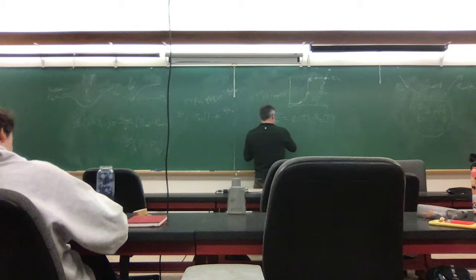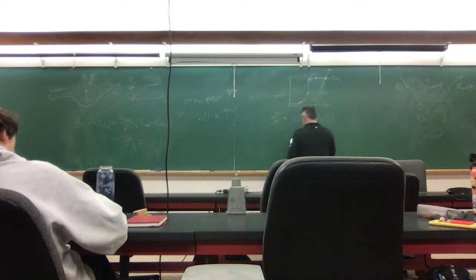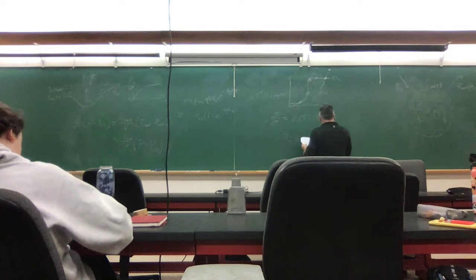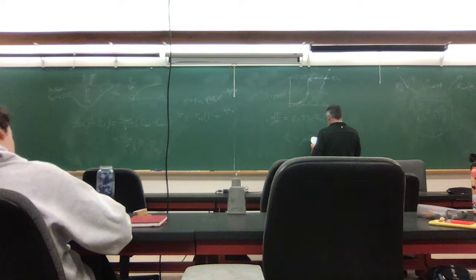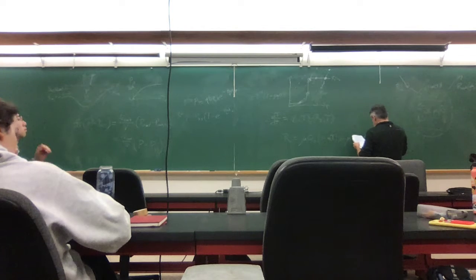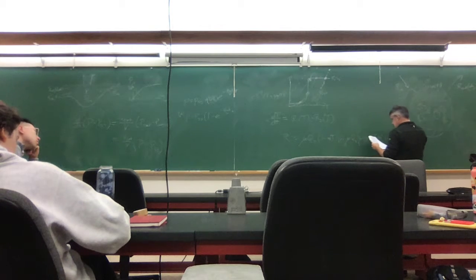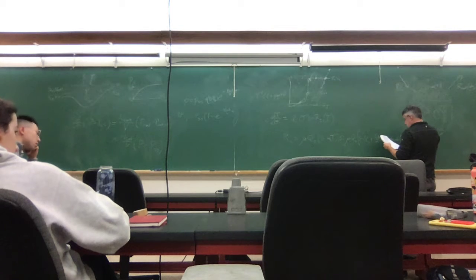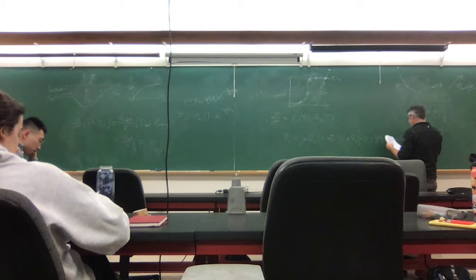And then there are these extremely elaborate equations. This is all written down in notes, so you don't really have to write it down. R in involves 1 minus tanh of kappa times T minus T_C.